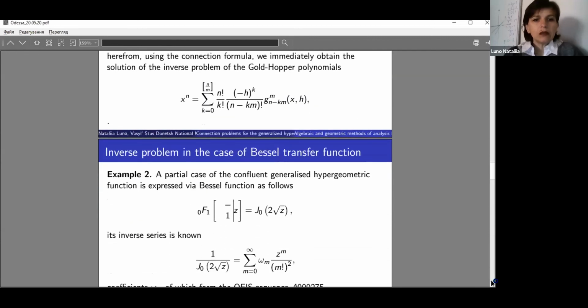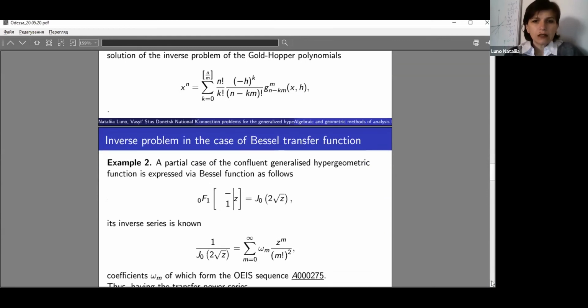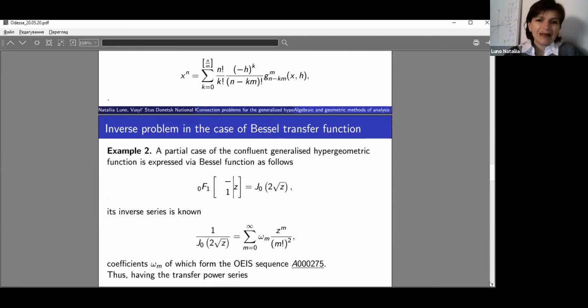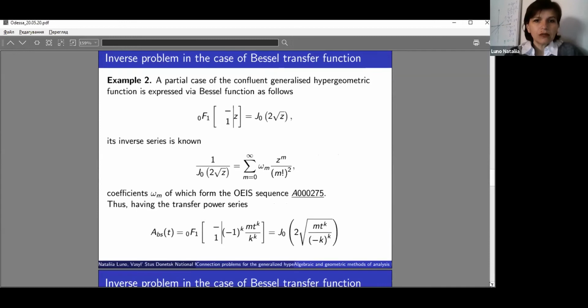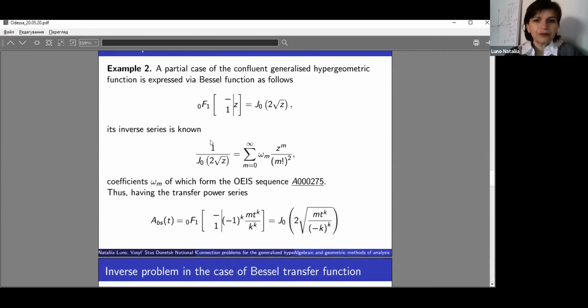There are some other cases when the solution of the inverse problem can be defined in closed form, in those cases when you know the inverse series.